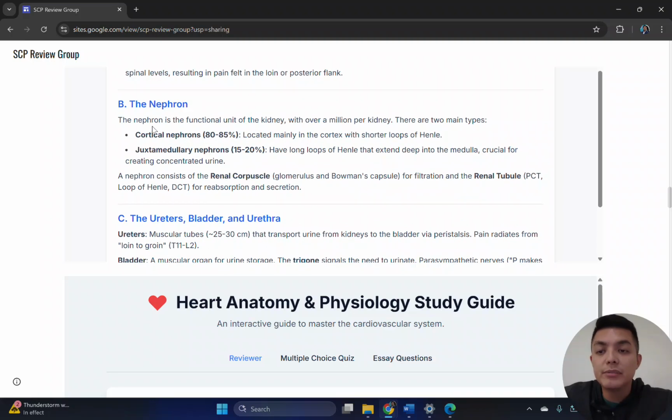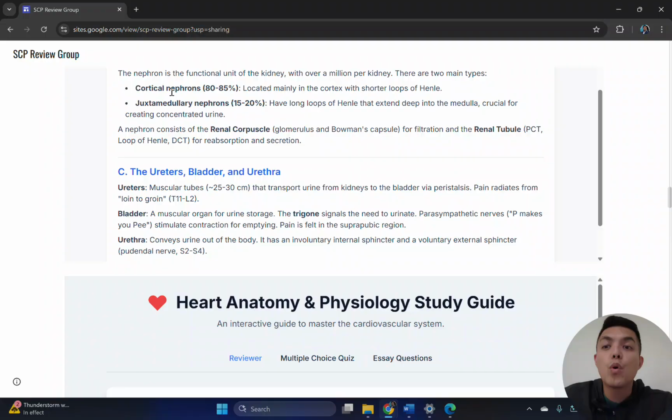Next is the nephron. The nephron is the functional unit of the kidney, as we all know. That's just a review. And it has over 1 million per kidney. So in a way, you're a millionaire. There are two main types.